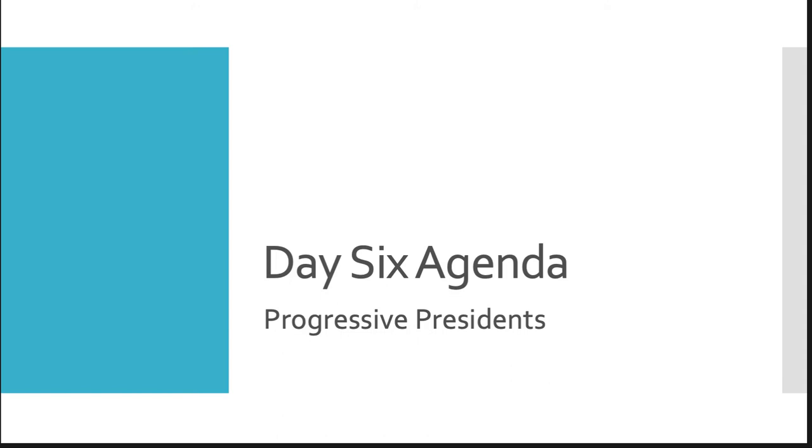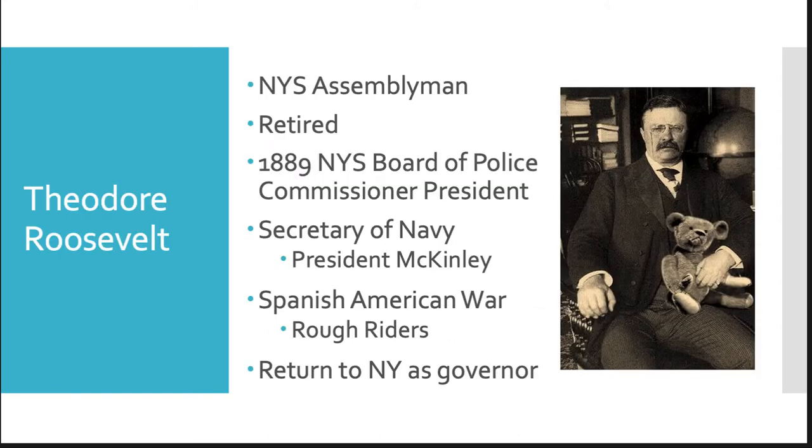This turn of the presidency, this turn of what the role of the president in social issues and economic issues came to be. And we have to start with the best president.